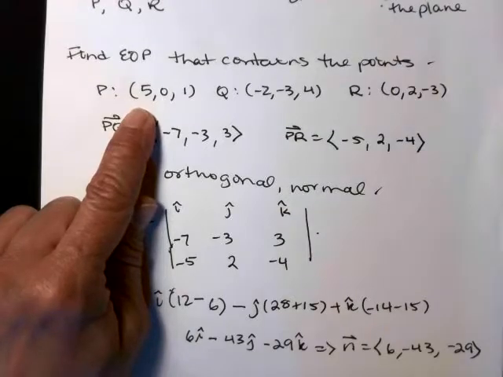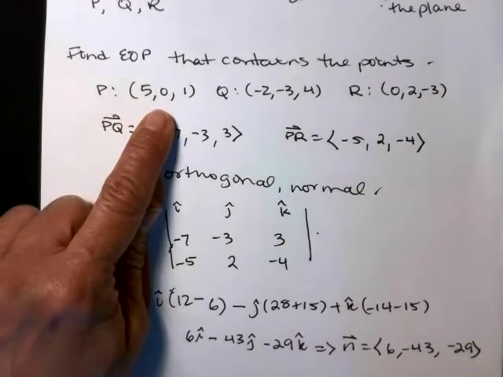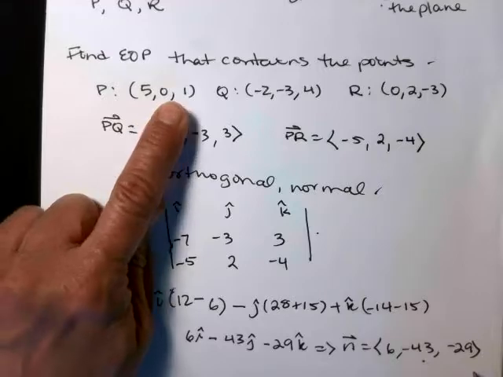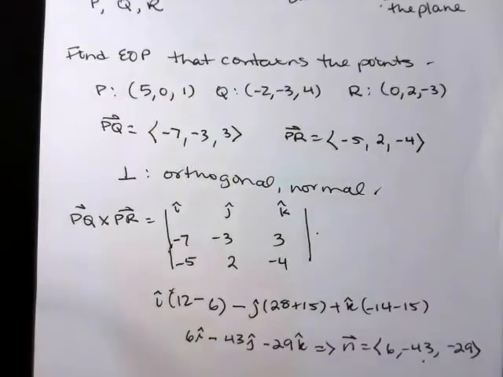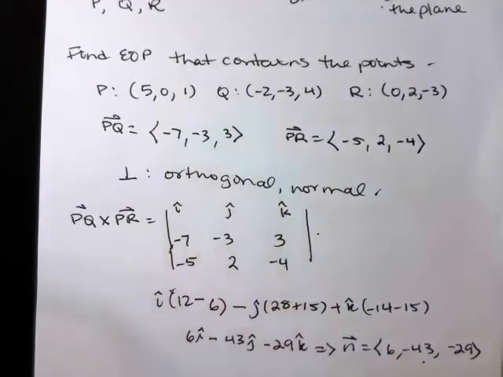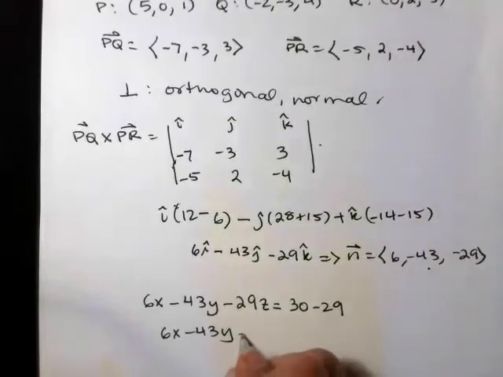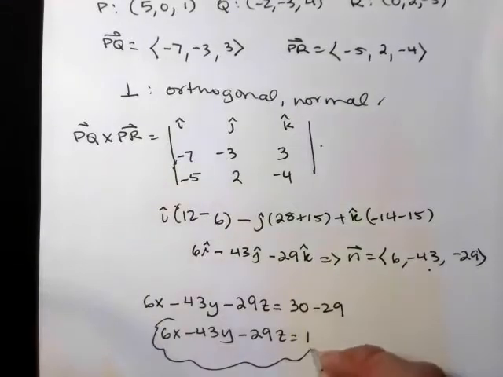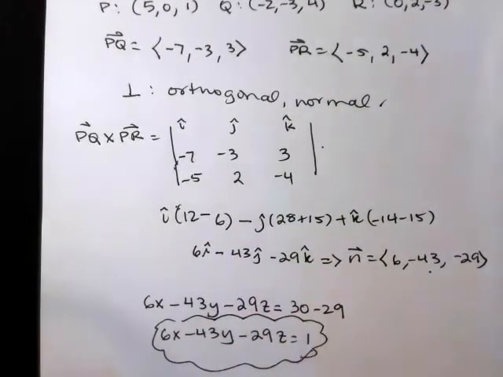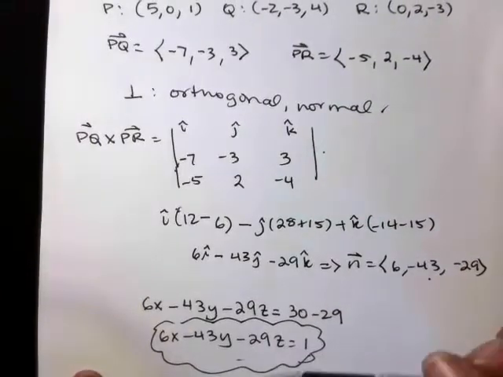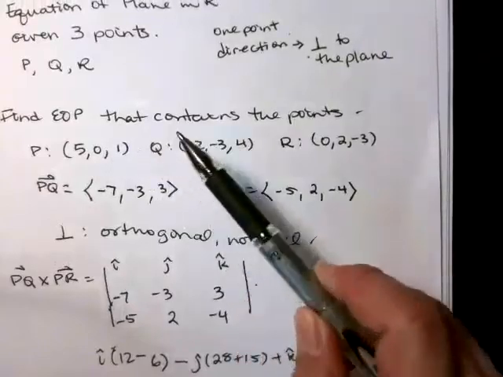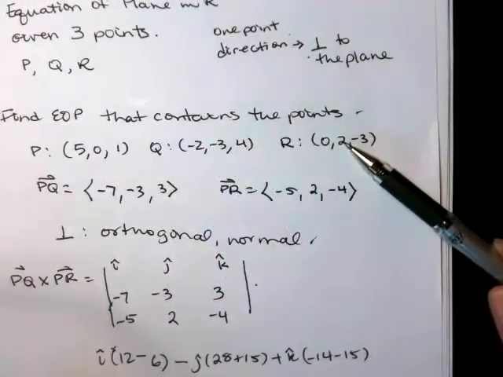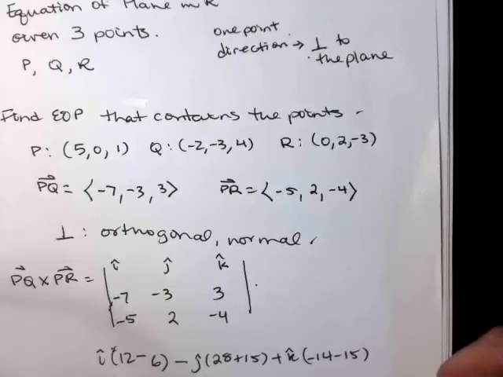So 6 times 5, 30, negative 43 times 0, so that's gone, and then 1 times negative 29. Okay, so 6x minus 43y minus 29z equals 1. And so you'll see this is true for all points on the plane. You can plug in any one of P, Q, and R, and it will make this true.